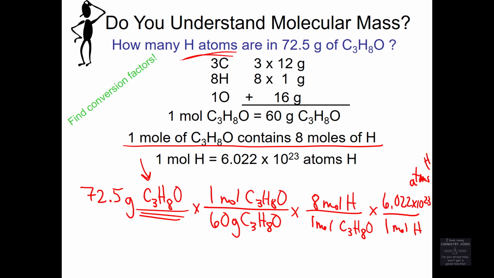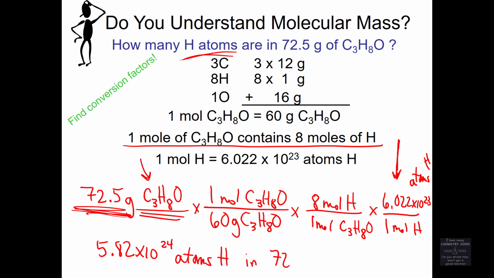We're going from macroscopic things we can measure to microscopic, which should give us a giant number. You should plug that in your calculator and make sure I did my math right. I came up with 5.82 times 10 to the 24th atoms of hydrogen in 72.5 grams of C3H8O.